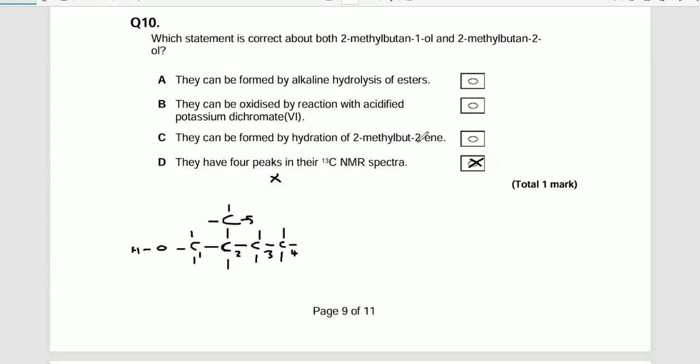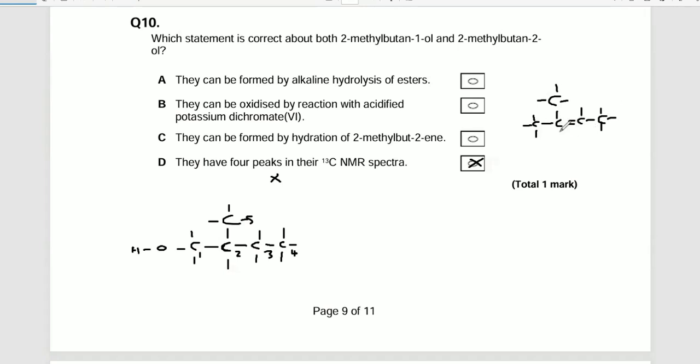Okay, C. They can be formed by the hydration of 2-methyl-butene. Well, let's draw out the formula for 2-methyl-butene. So we need a double bond on the second carbon, and we need a methyl group coming off of the second carbon as well, like so.